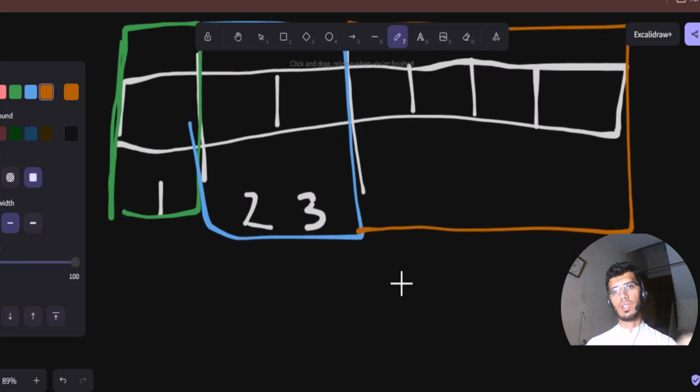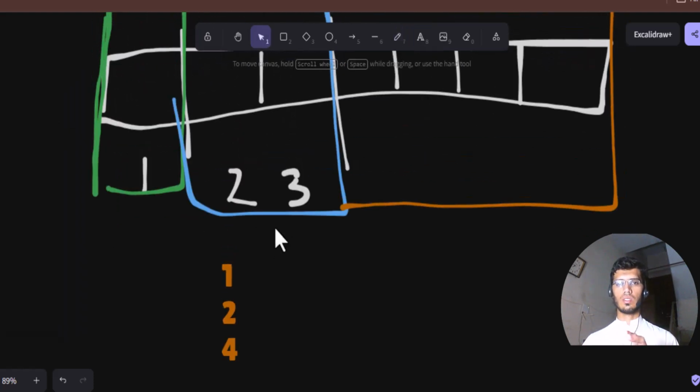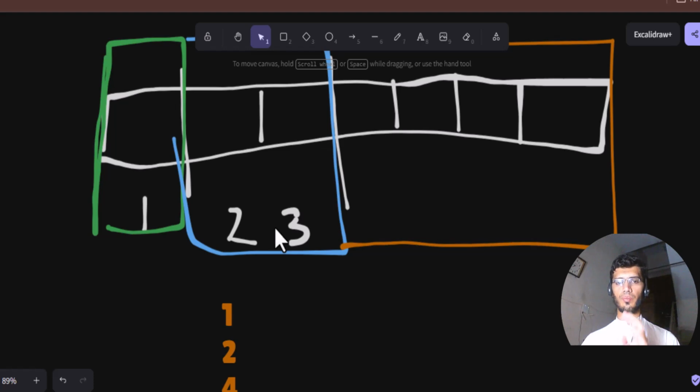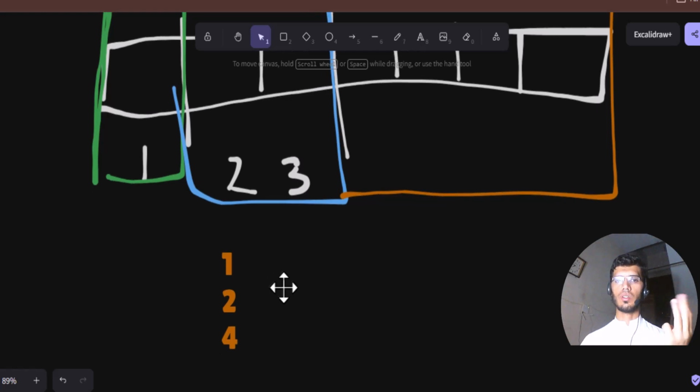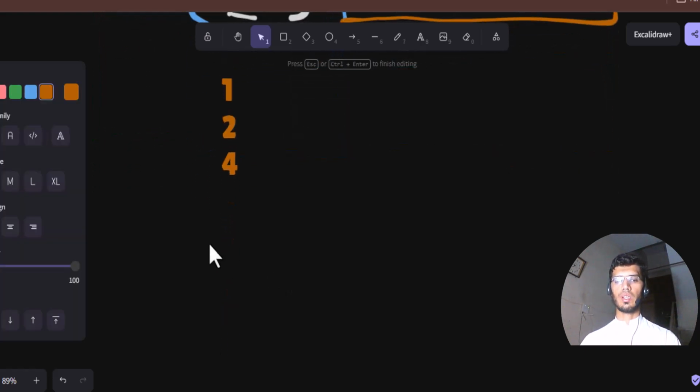After making these cuts, we will notice that we can make any number from 1 to 7 using these 3 numbers: 1, 2 and 4. How? Let's see. Suppose we have to make the number 2. How will we make it?